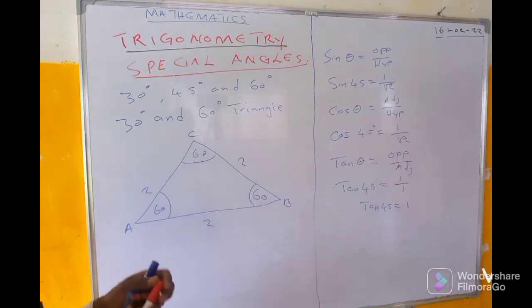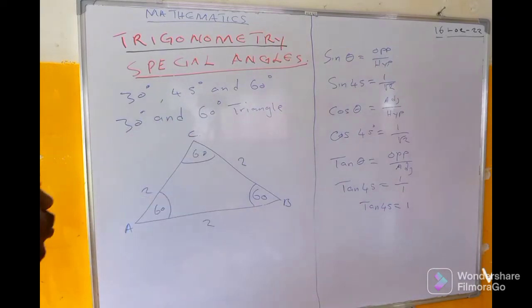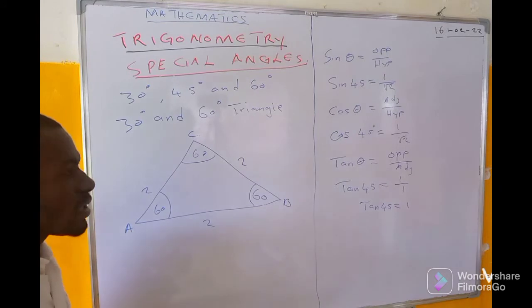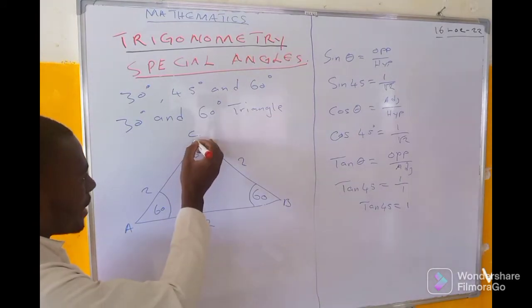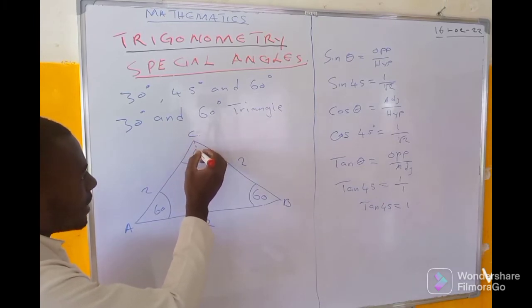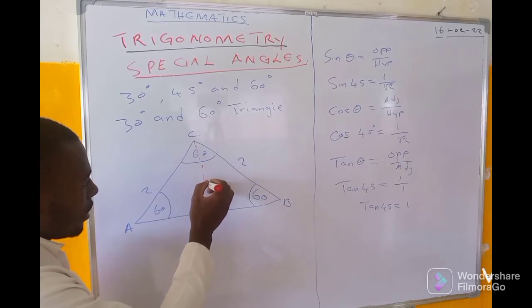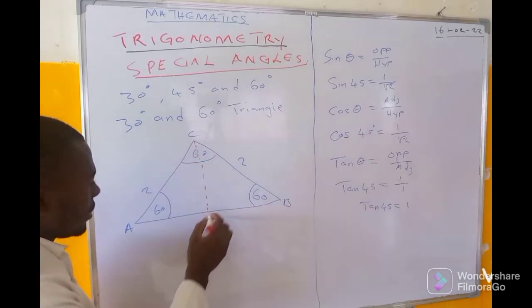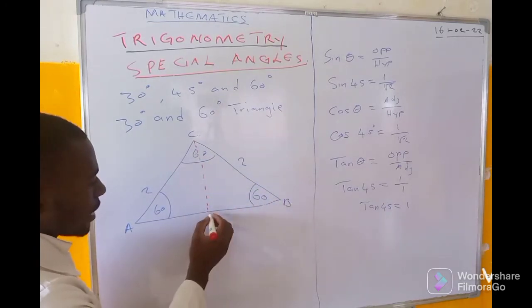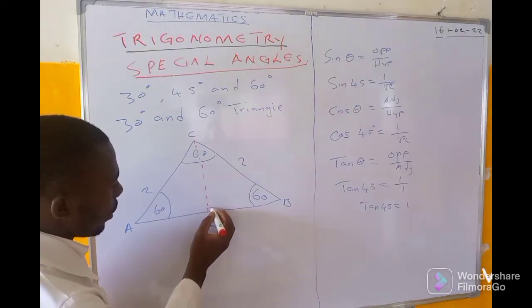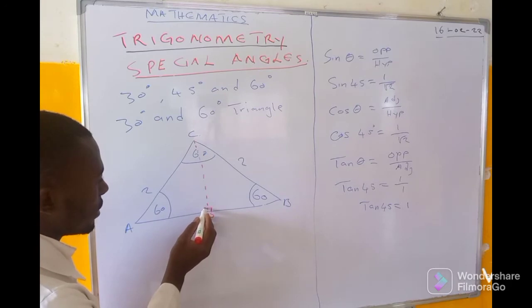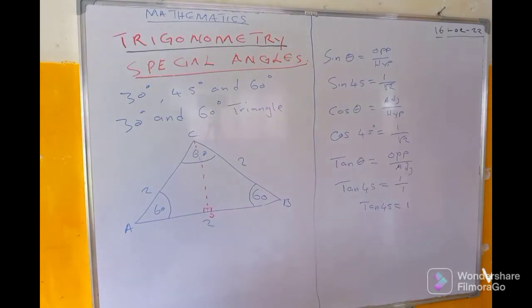So now, under these special angles we are dealing with the 90 degrees triangle, which is a right angled triangle. This means that we are going to cut this angle into two equal parts, which means we are going to bisect the 60 degrees angle here to meet line AB at S. This means that here you are going to have 90 degrees, and on the other side you are also going to have 90 degrees.